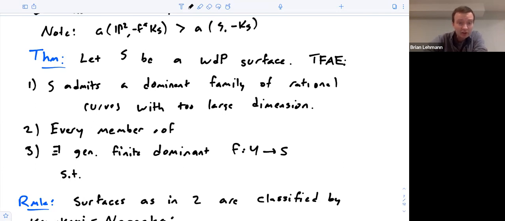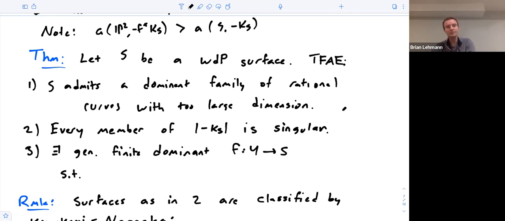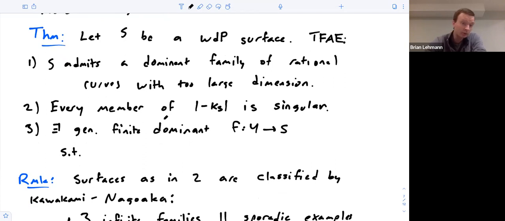The second equivalent condition is that every member of the anti-canonical linear series of S is singular. Okay, so we get some strange behavior of this linear series. The third condition is now hearkening back to our work on the Fujita invariant.